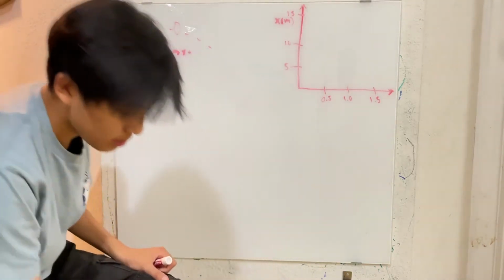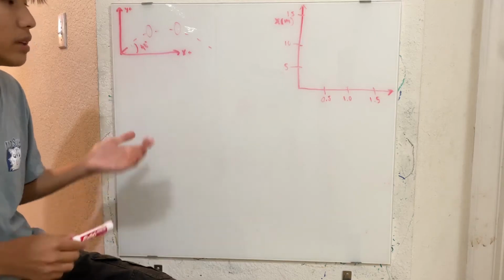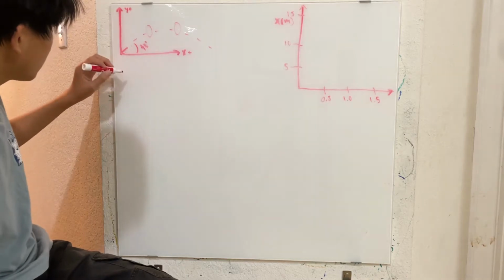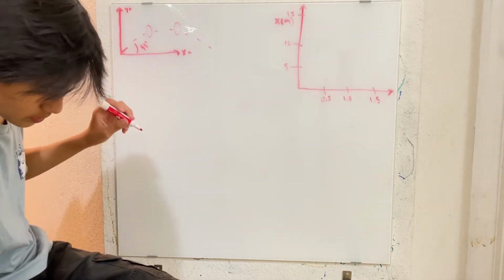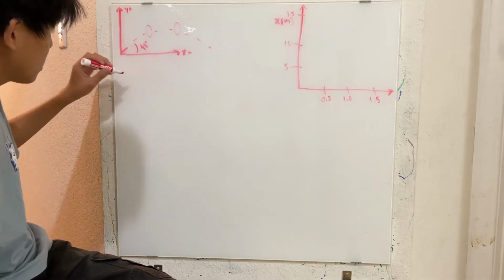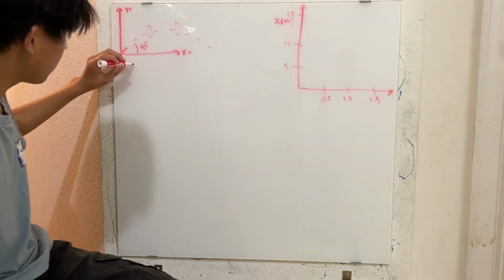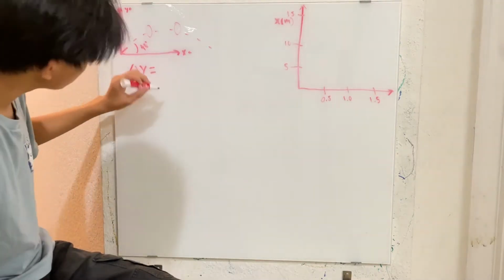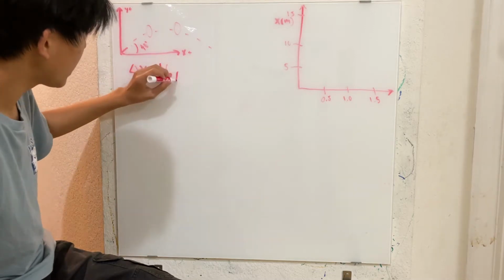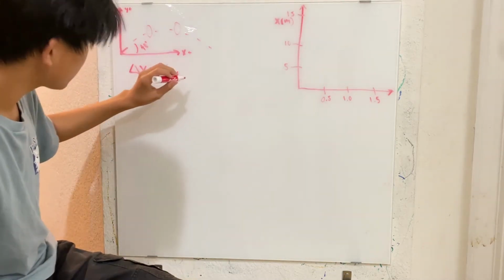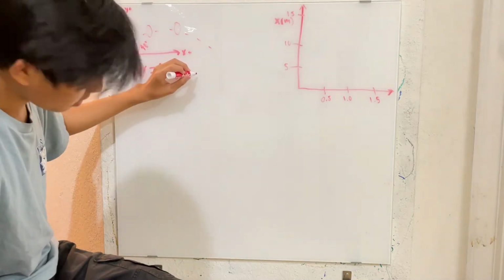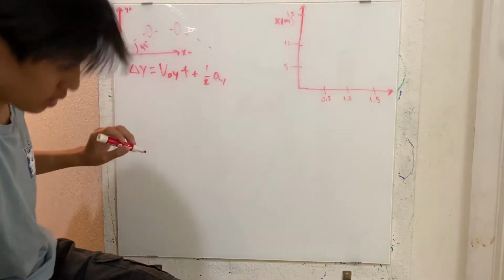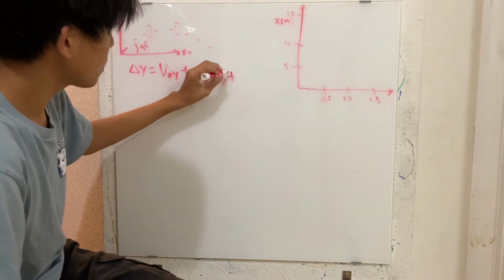we can manipulate the basic kinematic equations to fit our different x and y components. To solve for this, we're going to use two equations. We're going to use delta y, so this is for the y component: delta y equals v naught y times t plus half of a y times t squared.